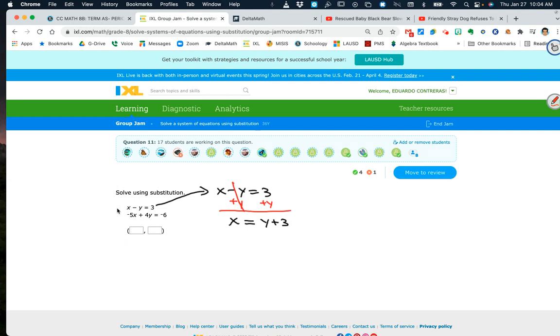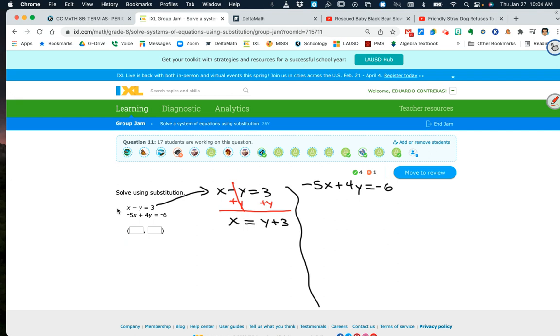Okay? So now I have x equals. I can replace y plus 3 in the second equation in place of x. So that's what I'm going to do next. I'm going to take this equation and then I'm going to replace the x with y plus 3.